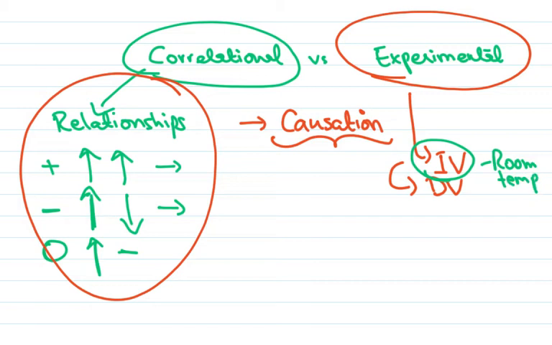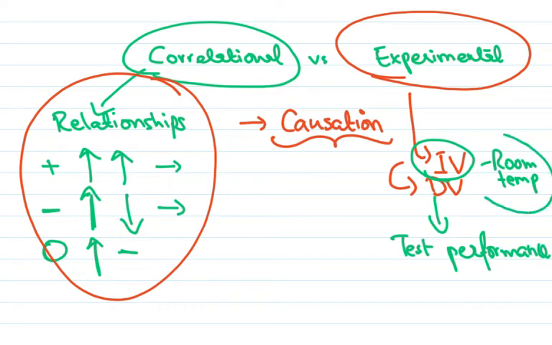And the dependent variable would be test performance. So the dependent variable is the variable on which you are studying the effect of manipulating the independent variable. You're manipulating the independent variable, which in this case is the room temperature, and you're looking at its effect on students' test performance, which is your dependent variable.